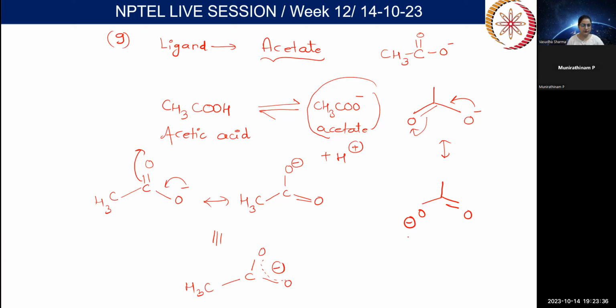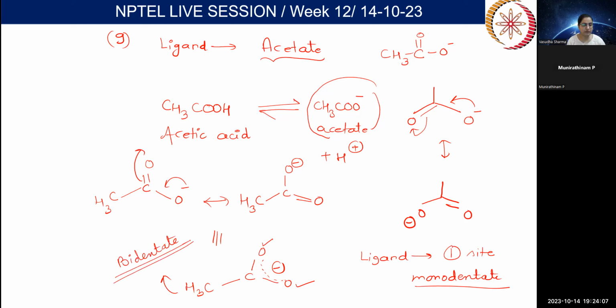So now if you see carefully, when a ligand is binding with a metal on one side, if it is bound with one atom, that is called a monodentate ligand. And in this particular case, both the oxygens are playing a role and it is actually a bidentate ligand because both can participate in forming a coordination bond with your metal system.